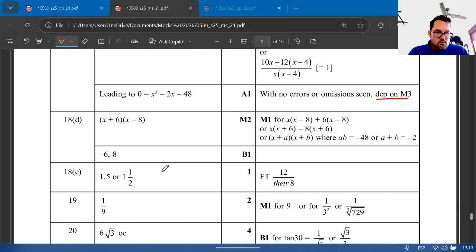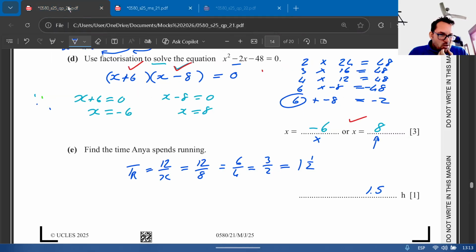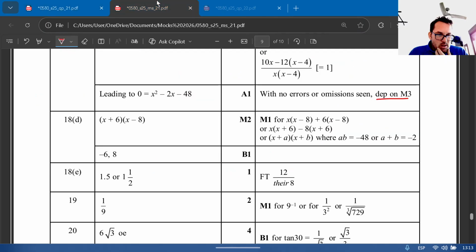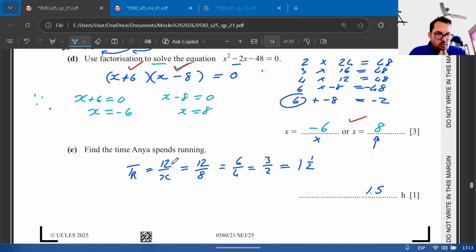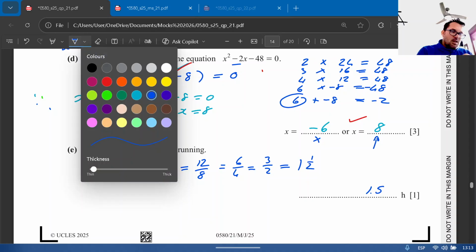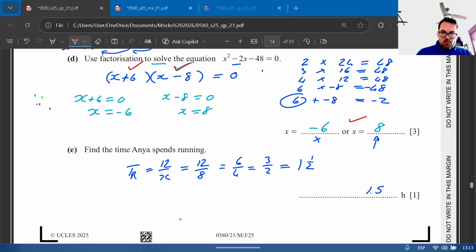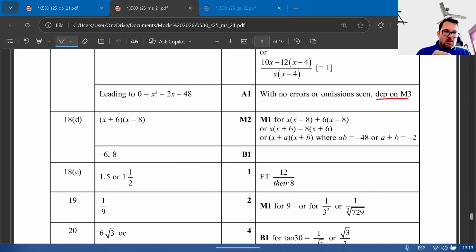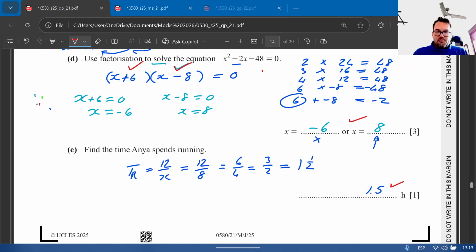Fractions, decimals, doesn't matter. They don't say anything about leaving it as an improper fraction, but I'm sure that will be wrong. And it's a follow through, so it's 12 divided by whichever positive answer you have here. I'm sure if you leave it as an improper fraction, they'll give you a mark. It doesn't say you have to simplify it. Just do it anyway to be safe.